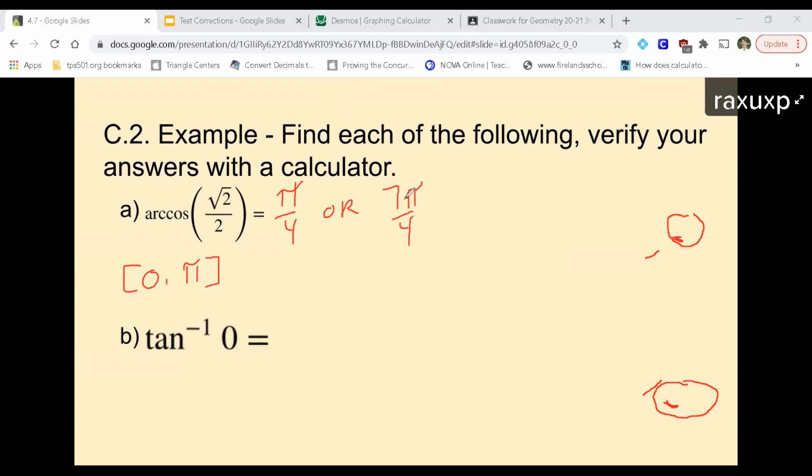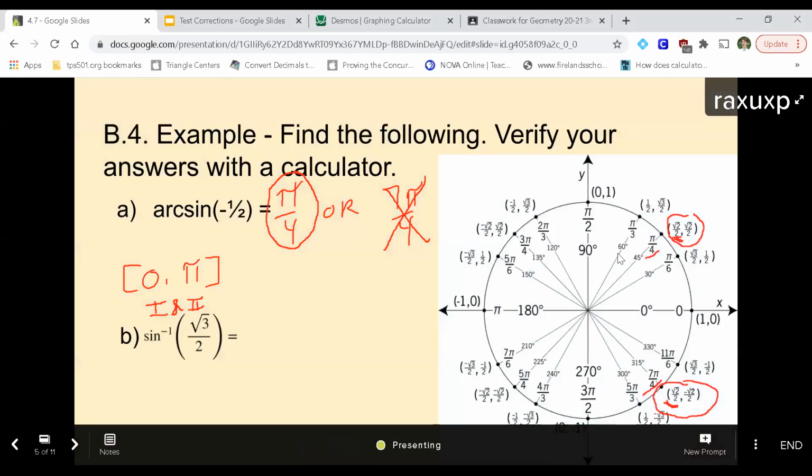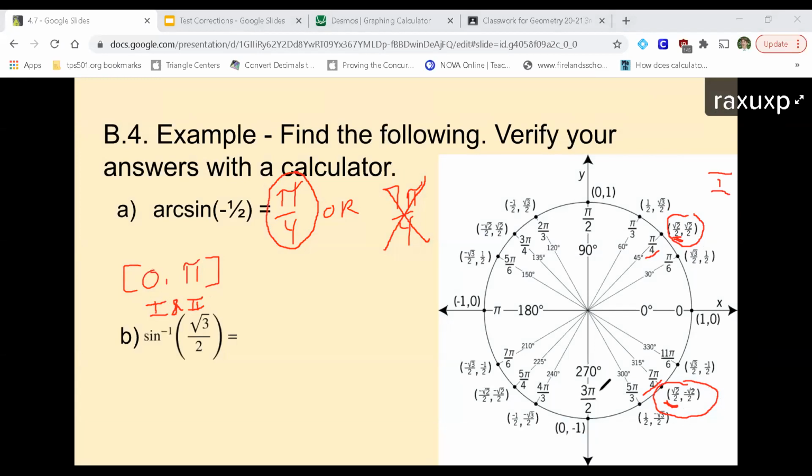That is bigger than pi. So it's this one, which again should make sense because these are the angles in quadrants 1 and 2. And you can see from our unit circle that this answer is in quadrant 1. This answer is in quadrant 4, which again is not in the range.